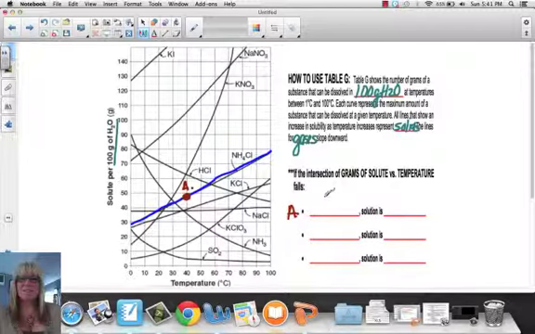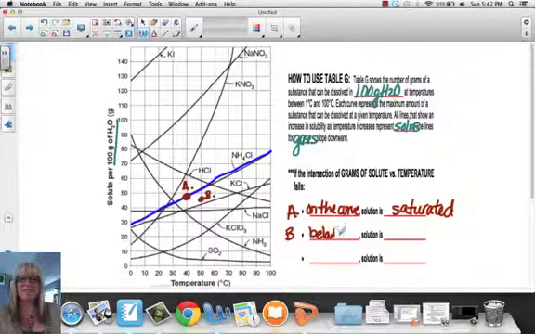So there's A. On the curve, then we know the solution is saturated. If it is below the line, this would be B, so below the curve, then it is unsaturated.